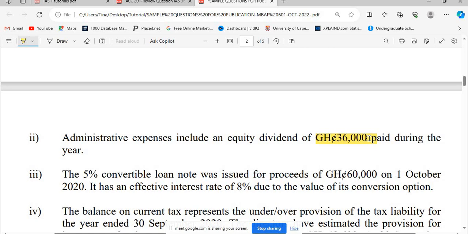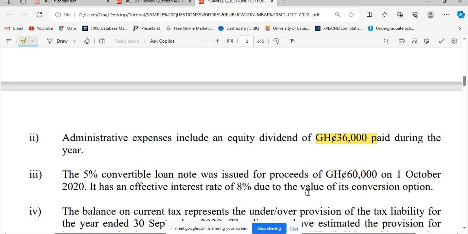Administrative expenses are items that will be included in the statement of profit or loss. So any item that is not supposed to be in the profit or loss must not be included in the administrative expense. And equity dividend is a component that must be under changes in equity. So we have to exclude that amount from it.